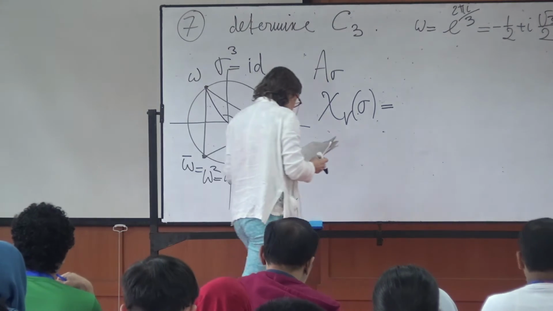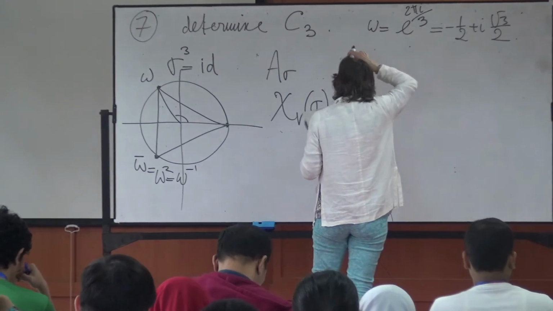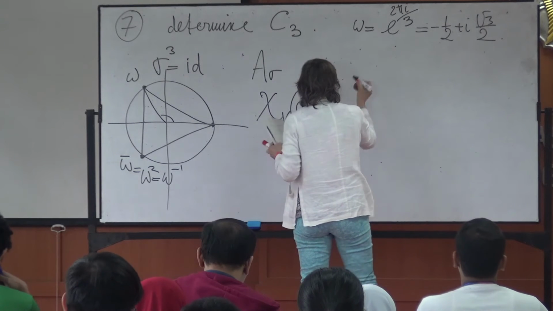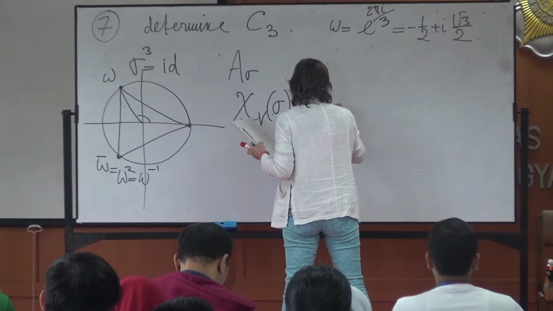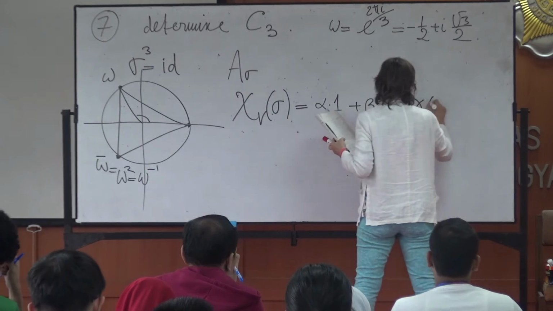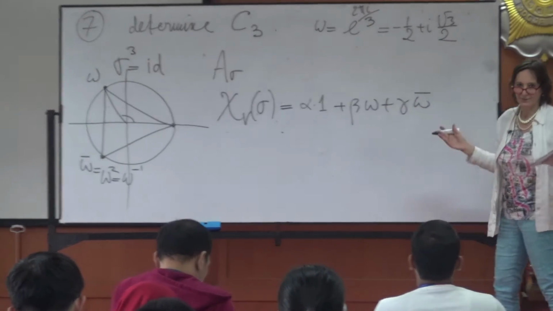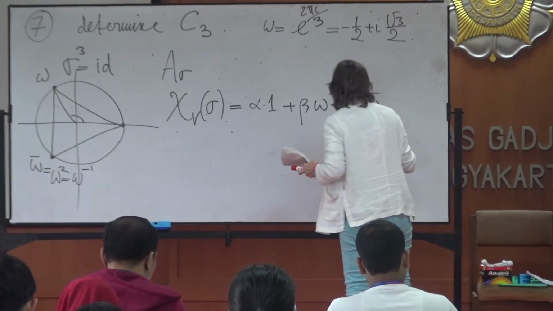So the character will be something like alpha 1 plus beta omega plus gamma omega bar, but beta and gamma must be equal, otherwise we don't get a real number.